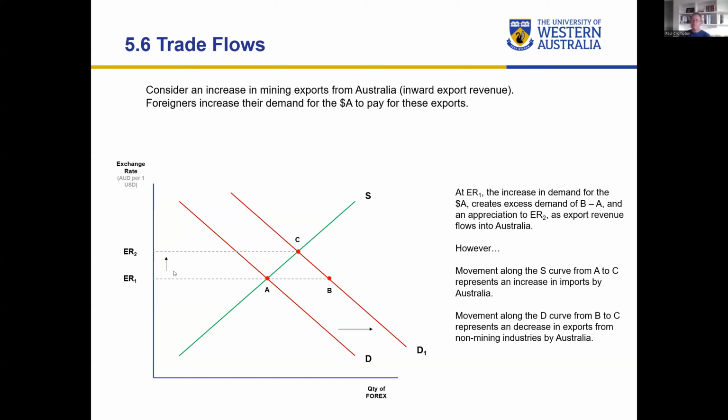A mining boom will cause an appreciation of the Australian dollar. That goes without question. And as the Australian dollar goes up, yes, the mining companies benefit from this boom, but as the exchange rate goes up, it makes holidays to Australia more expensive for foreigners. They stay away or find alternative holiday destinations, and the tourism industry suffers.